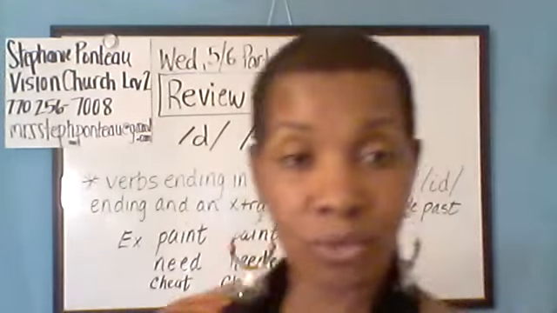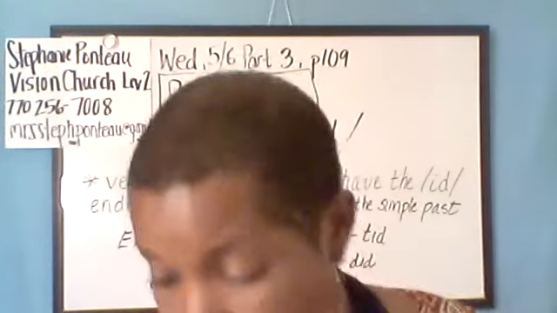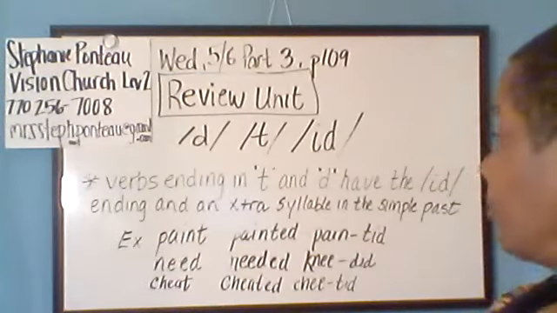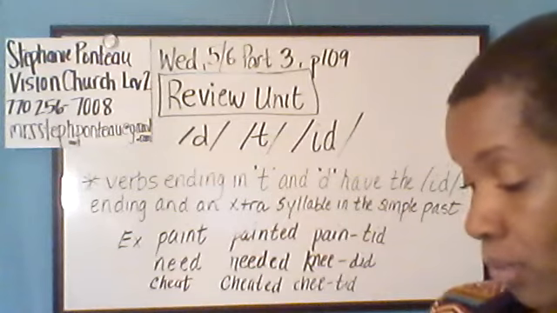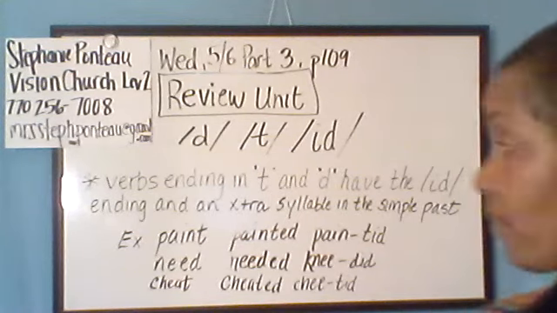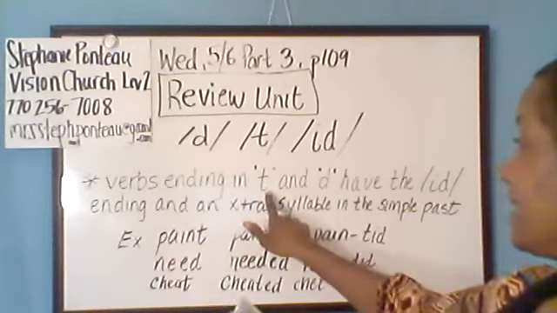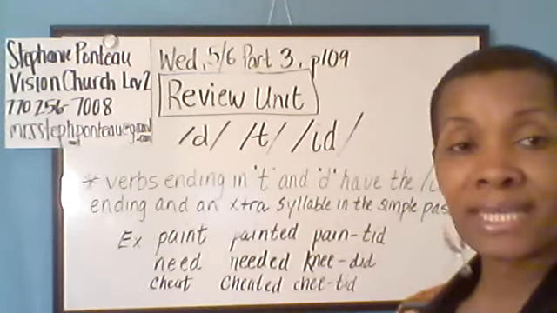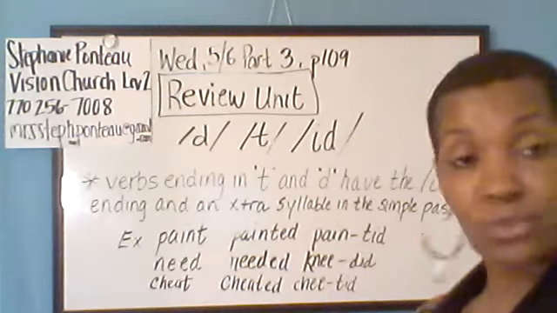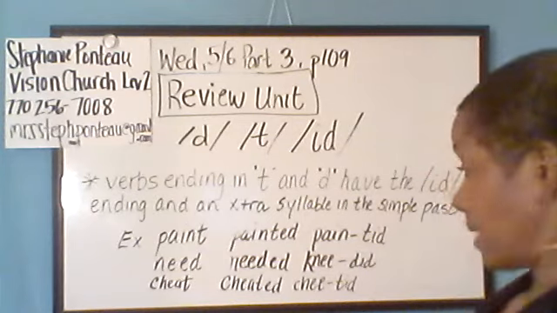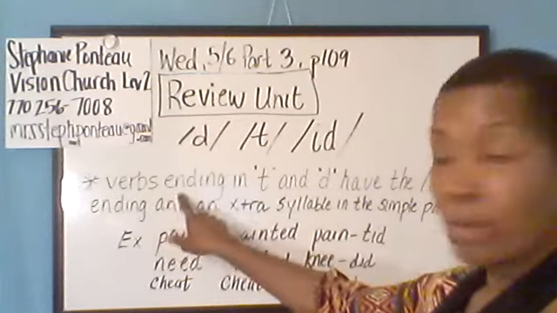All right, so did you hear that? All those different endings? Okay, so now notice that the words in that chart, like want, that's a word that ends in T and it has the id sound, wanted. And then it's the extra syllable, want, and then wanted. Okay, so did you hear this rule in that word?